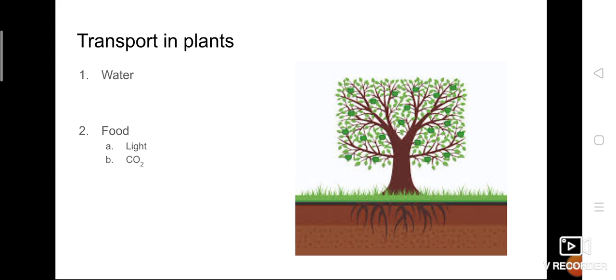So from the soil, it is needed not only by the roots. See, water is absorbed from the soil only. Even though we are pouring the water, the roots will absorb the water, isn't it? And minerals are present in the soil. Root is the only part which is in contact with the soil, that is the ground, so roots will absorb the minerals. Do we think the root alone needs these minerals?